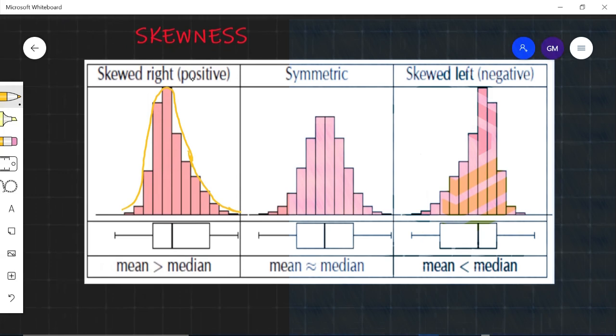If it is symmetrical, the tails are evenly distributed, like a normal distribution. If the tail is to the left, then the data is skewed to the left. That is you picking skewness from a histogram.